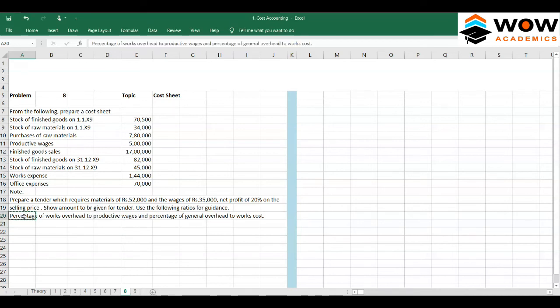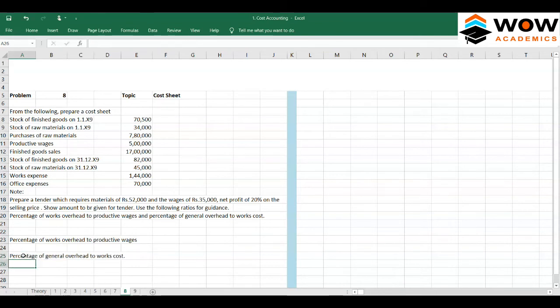So as he has given a ratio, we will take that ratio and we'll try to work out.